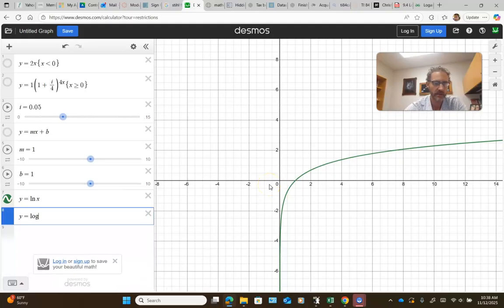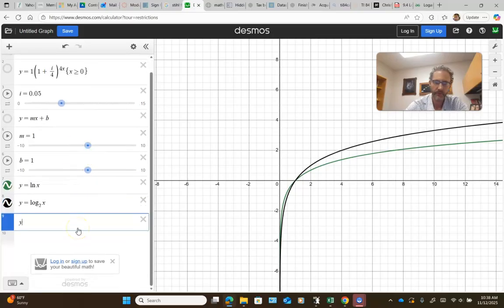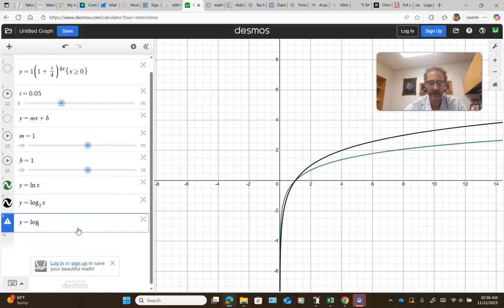Let's try another one. Let's do log base 2 of x. Log base 2 there in black. Now let's do y equals log base 5 of x. Interestingly, the larger the base, the more horizontal the function becomes, or more pushed down.